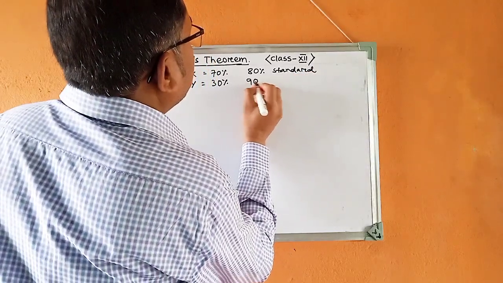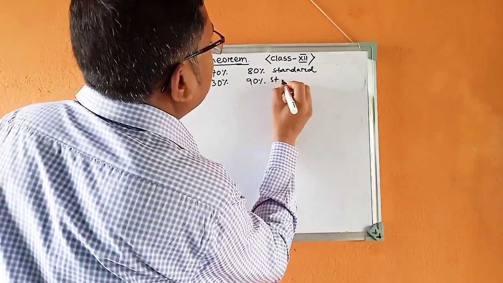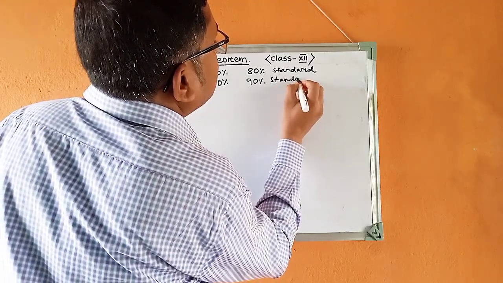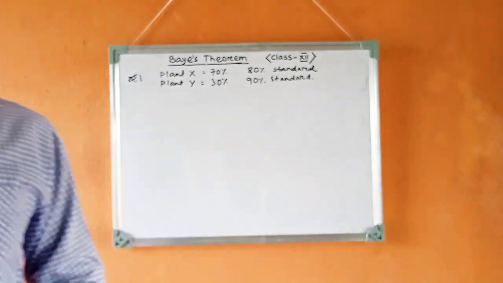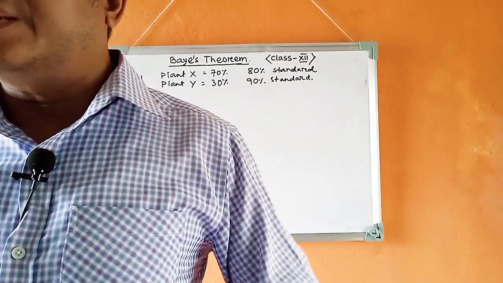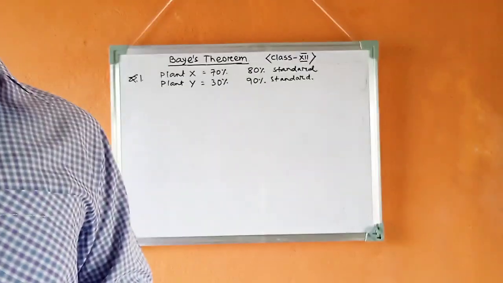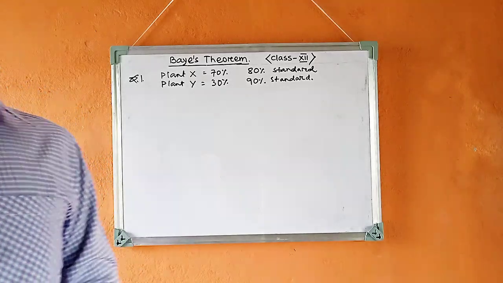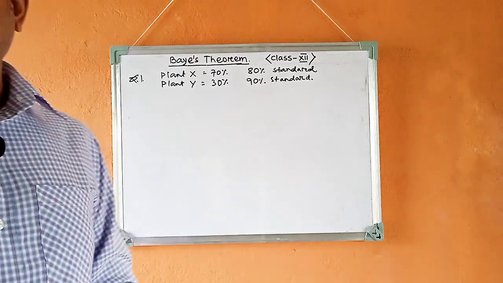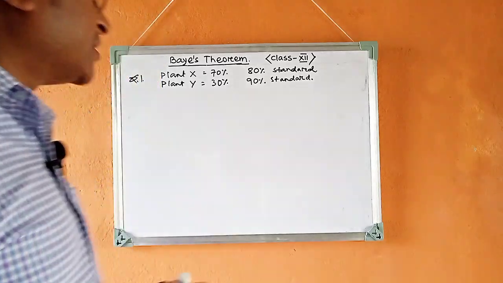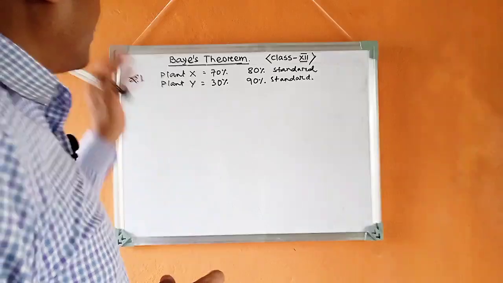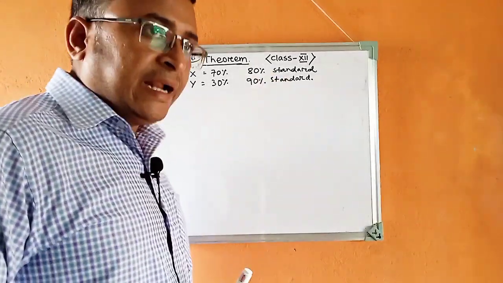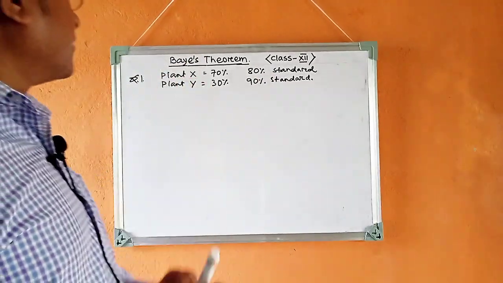Now the question is: a car is chosen at random and is found to be of standard quality. What is the probability that it has come from plant X? That is, a car is chosen from any plant, it is of standard quality, and we want the probability that it was taken from plant X.